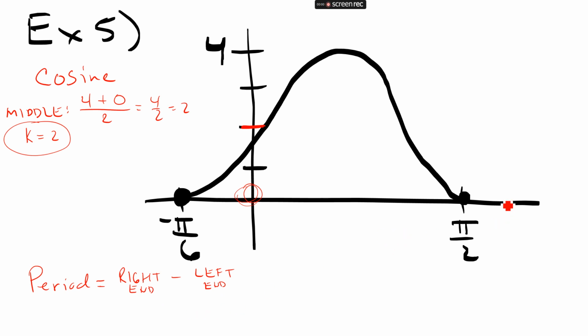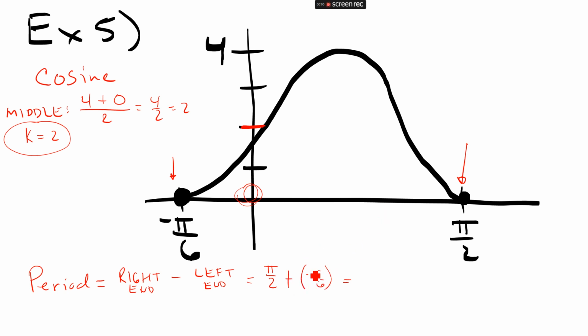So the rightmost end is all the way over here. This is where it stops. So this is pi over 2 minus the left end right here where it begins, but it's a negative pi over 6. So it's going to be inside of a little parenthesis of negative pi over 6.